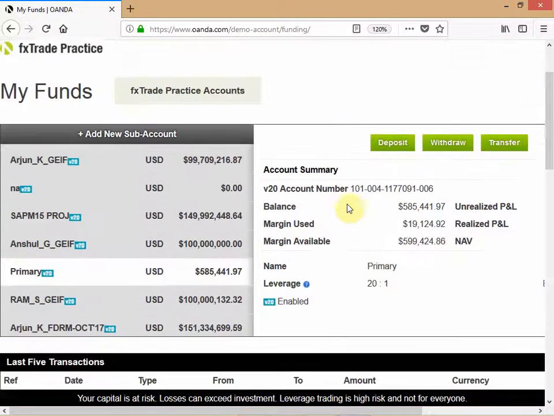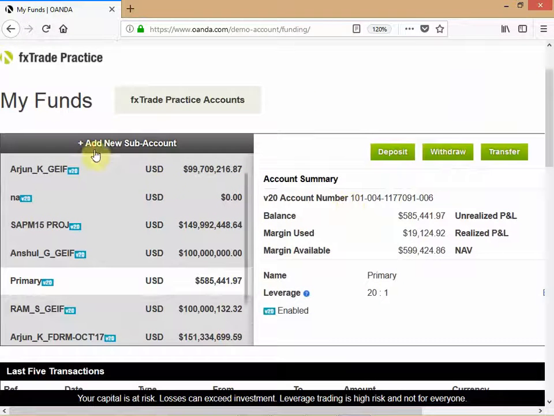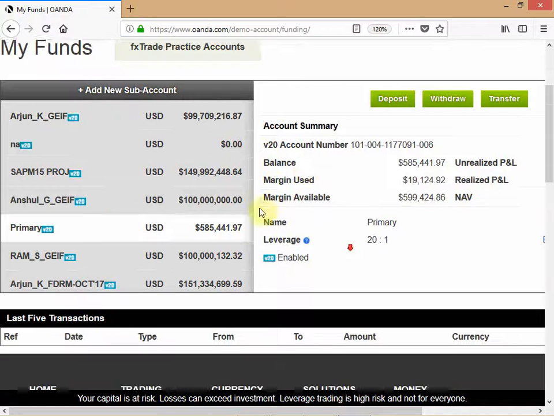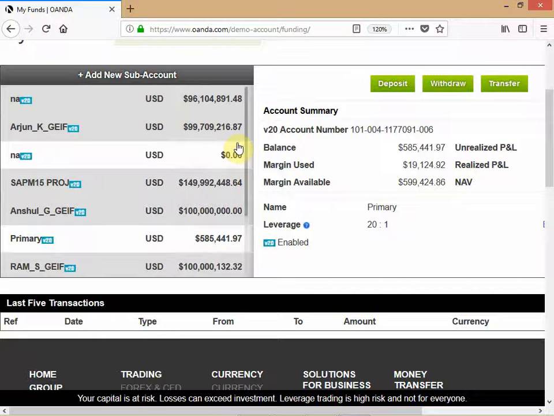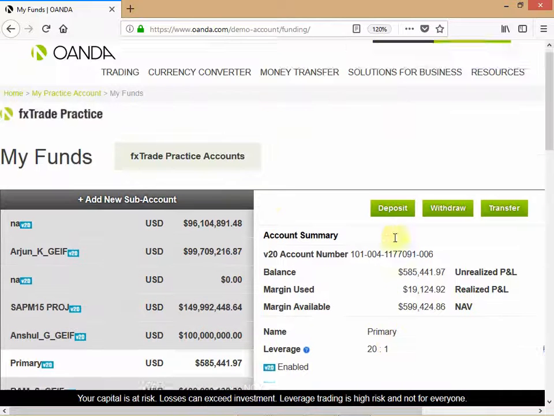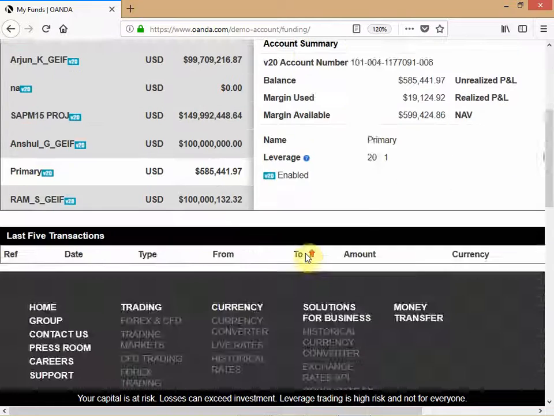So what you have to do, my friends, is there should be an option here, add new sub account. Not responding for some reason. I think the limit has been crossed. Actually, I don't think the limit has been crossed. I'll just figure out what the problem is here, but this is where you try to go and create.